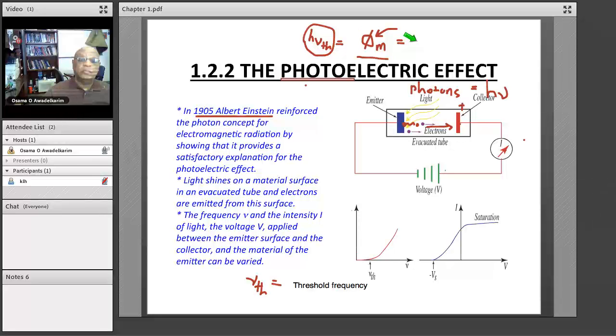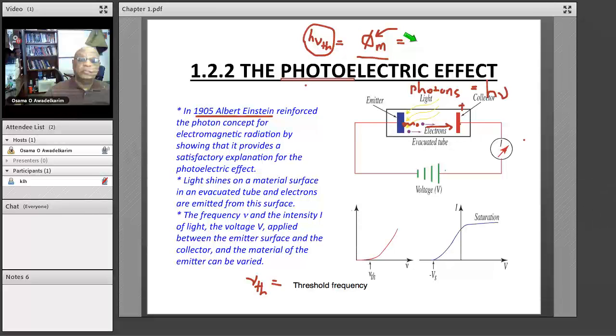Okay, so the work function of the metal is the energy necessary to separate the electron from the metal. So that's the explanation that Einstein puts.